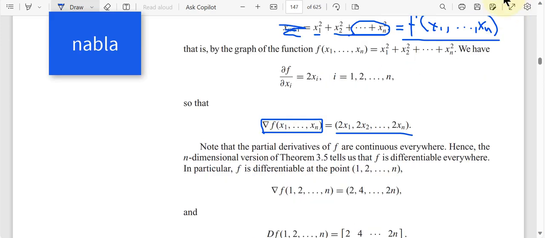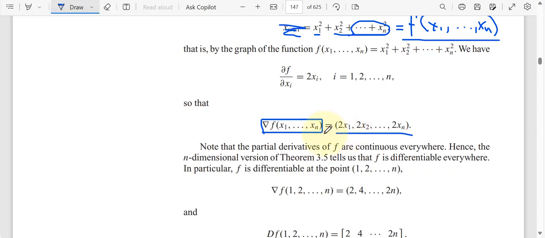So we could say, well, what's the gradient of f at a particular point in this n space, right? We're talking about n space, and so we have x sub 1, x sub 2, x sub n.